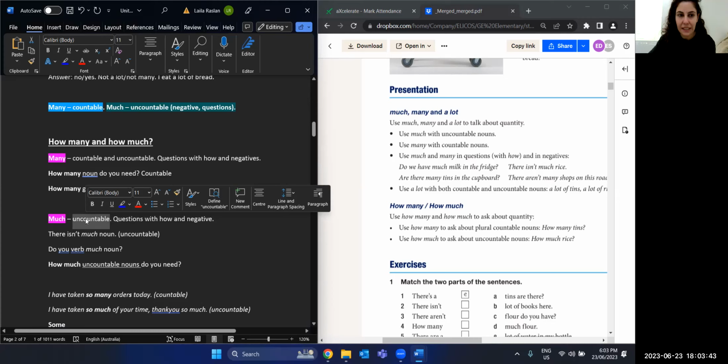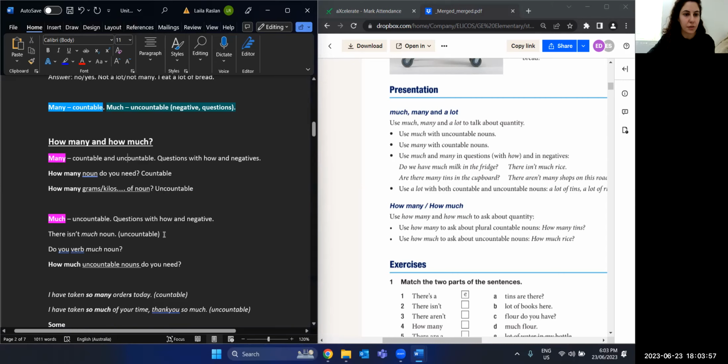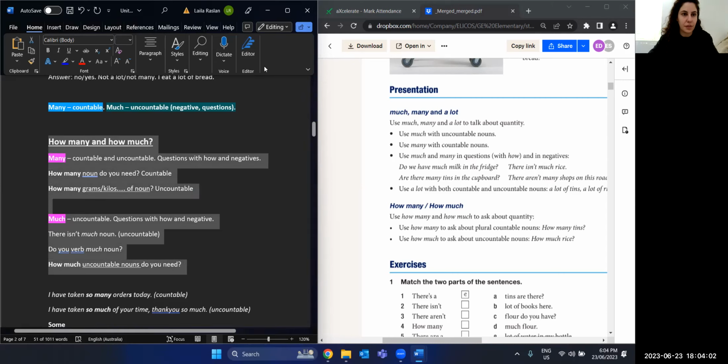Are there many? Many is used with, are there many tins in the cupboard? There aren't many shops on this road. Use a lot of, okay. Let's put these.